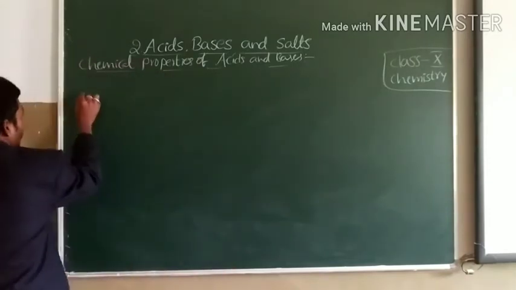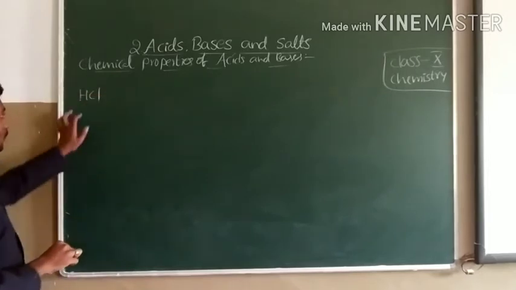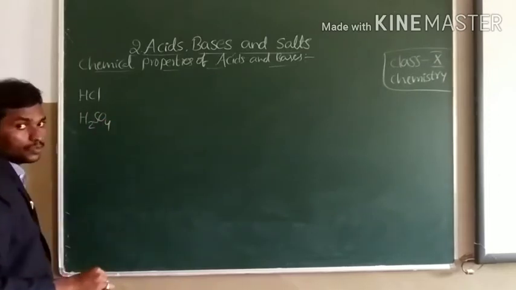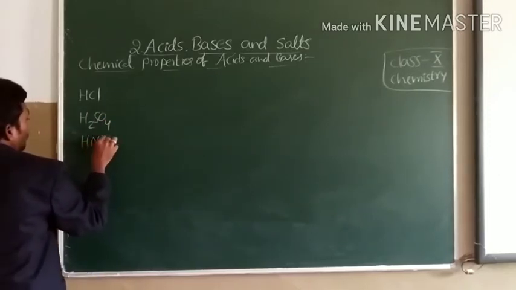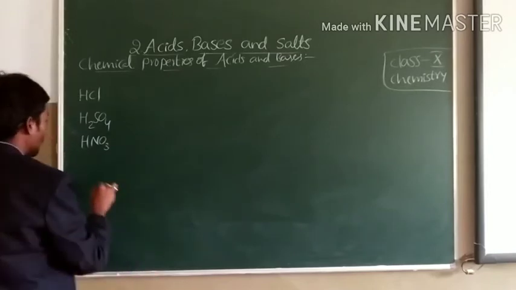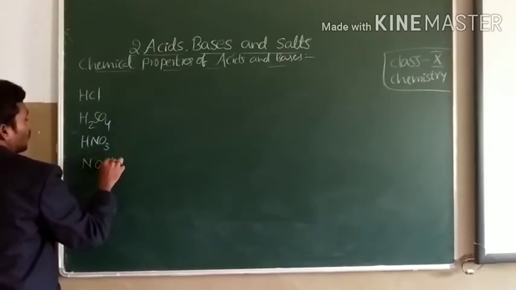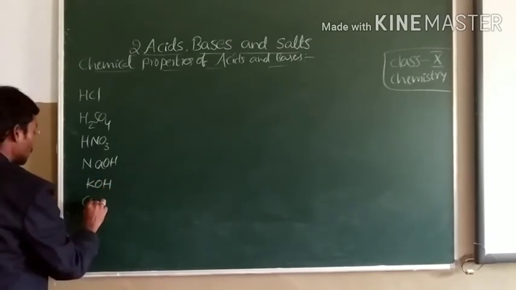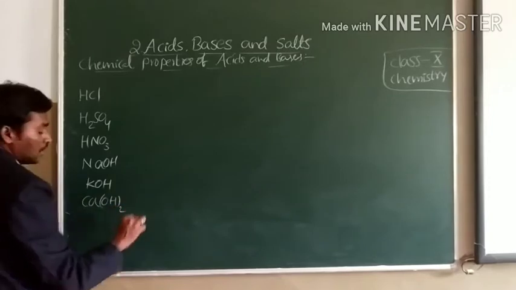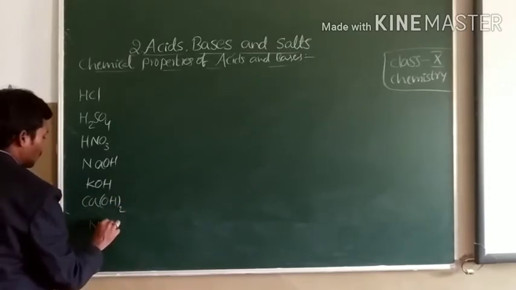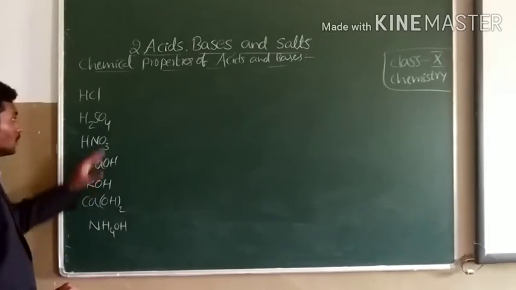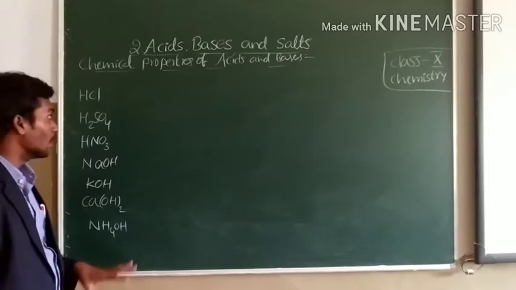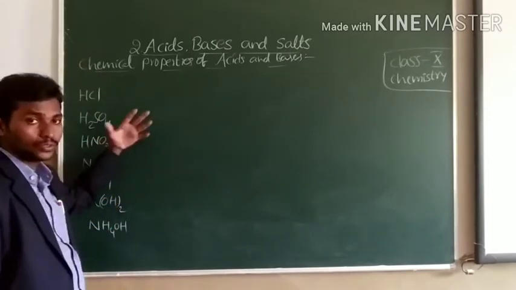The acids like hydrochloric acid, HCl, sulfuric acid, H2SO4, nitric acid, HNO3, and bases like sodium hydroxide, NaOH, potassium hydroxide, KOH, calcium hydroxide, Ca(OH)2, ammonium hydroxide, NH4OH. We have to test these substances with litmus paper.